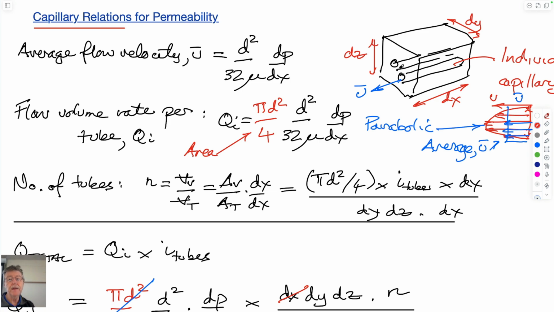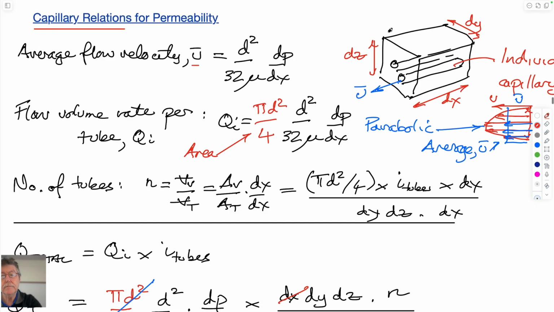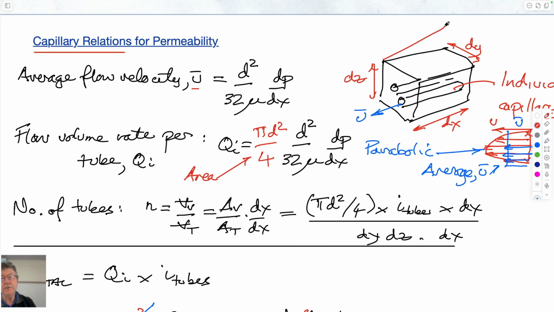And so to do that, we need a fundamental solution that defines what the average flow velocity in a pipe is. And it turns out to be this expression here. It's driven by the pressure gradient that is applied, dP over dx. So this is what's driving flow.